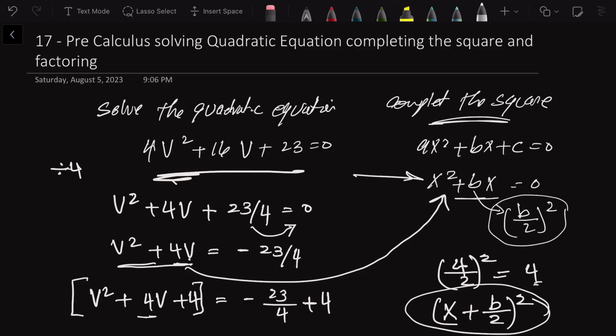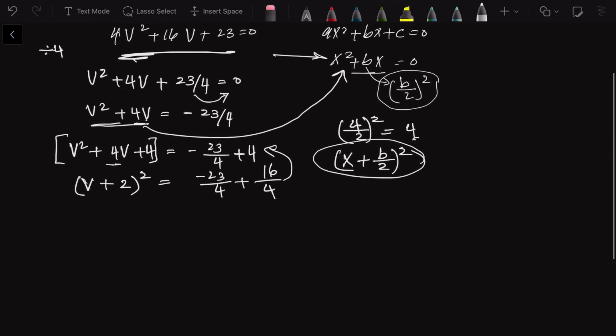So in this case, we say v plus 4 over 2, which is 2, all squared, equal to the right side, which is minus 23 over 4 plus, we can make this 16 over 4. It's the same as 4 here. All right. So now we have the completing the square form, so we can solve our problem here.